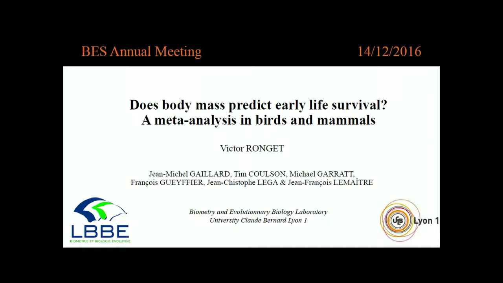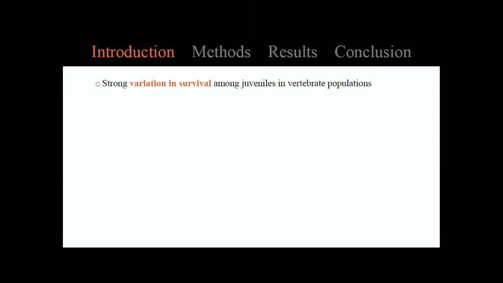So hello, I will present to you the work on a meta-analysis about the relationship between juvenile survival and body mass. I first want to thank all my collaborators on this study. What we know is that there is a strong variation in juvenile survival among juveniles in vertebrate populations. And what we want to know in population dynamics is how to describe this variation.